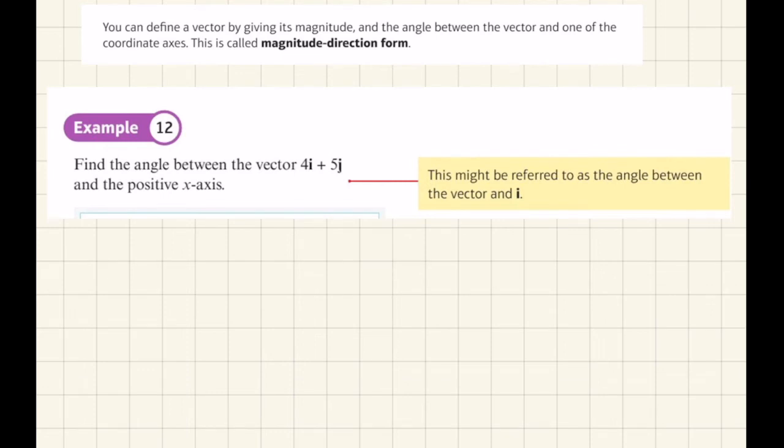We can also define a vector by giving its magnitude and the angle between the vector and one of the coordinate axes. This is magnitude direction form. In example 12, we need to find the angle between the vector 4i plus 5j and the positive x-axis. Well, 4i plus 5j would be 4 along and 5 up.